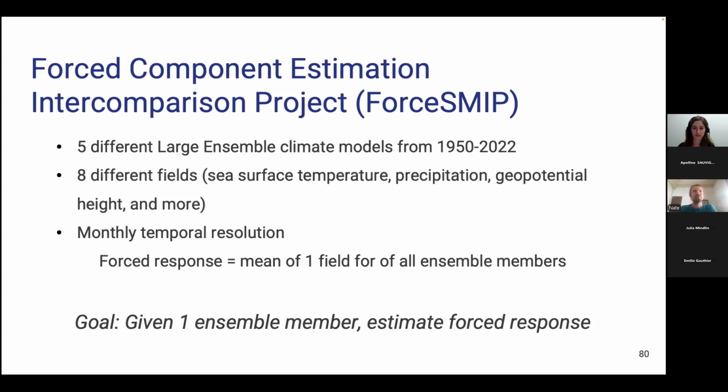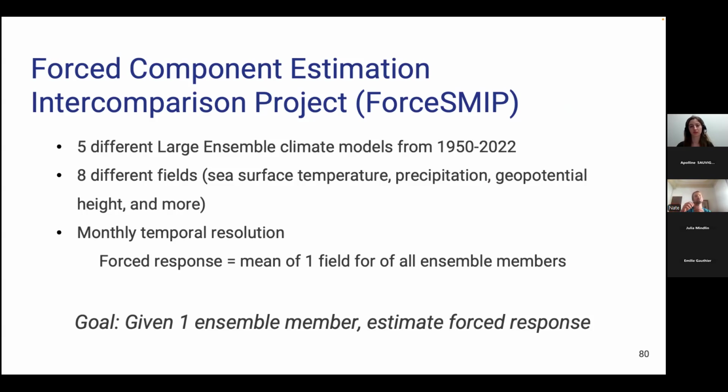But the idea now with ForceSMIP is that you take these large ensemble climate models, and we take 5 of them and 8 different climatological fields like sea surface temperature, precipitation, geopotential height, and more. These data have monthly resolution. One large ensemble is one climate model, one model of the Earth.